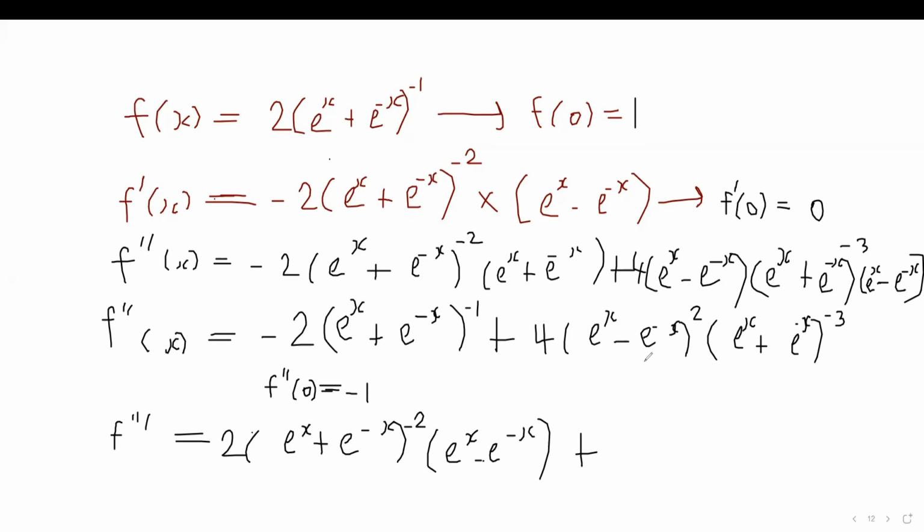We keep the first, which is 4 times e to the x minus e to the minus x, that is being squared. Keep the first, differentiate the second. Differentiating the second, we get minus 3, carry down the power, subtract 1 from the power, that's now to the minus 4, multiplied by the derivative inside of the bracket, which is e to the x minus e to the minus x.